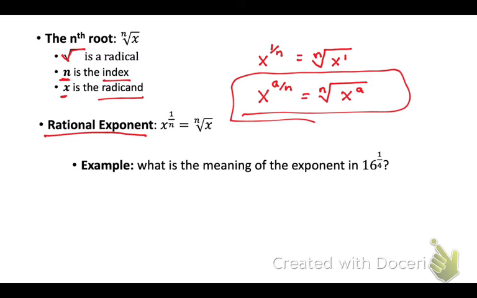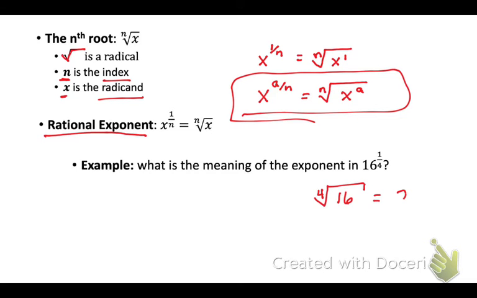So what is the meaning of the exponent in 16 to the 1/4? What root? The 4th root. It means the 4th root of what? 16. Which is what? We already said it. 2.